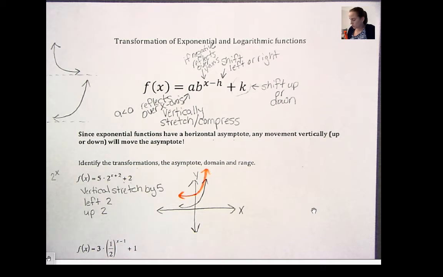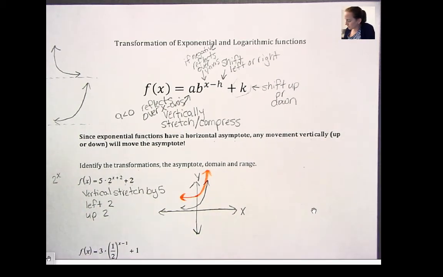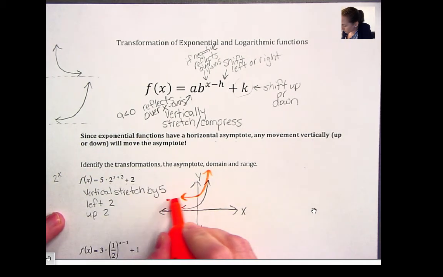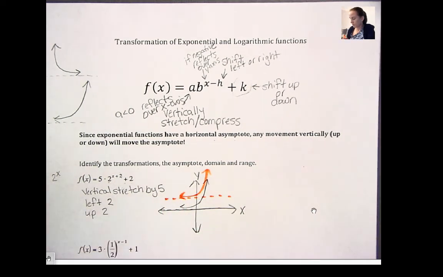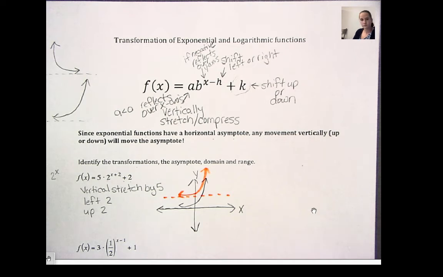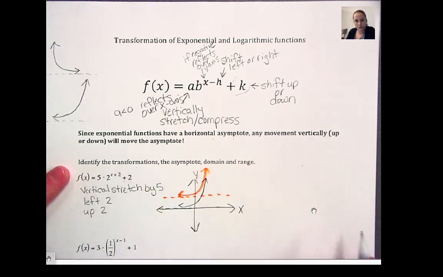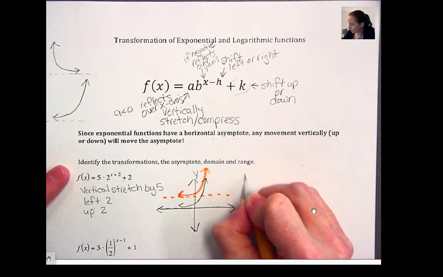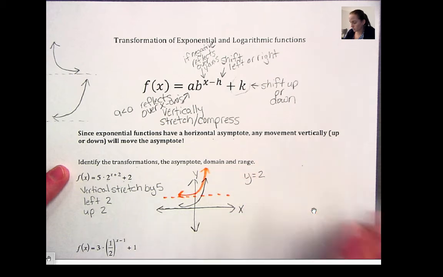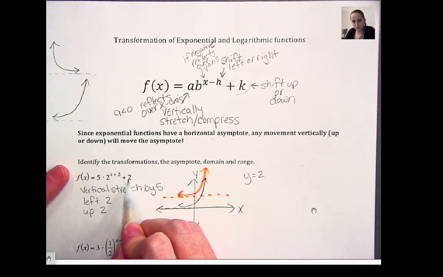So the original asymptote that's here at 0 is now up 2. Okay, so this orange one represents my transformed graph. The asymptote is now at y equals 2 because it went up 2.